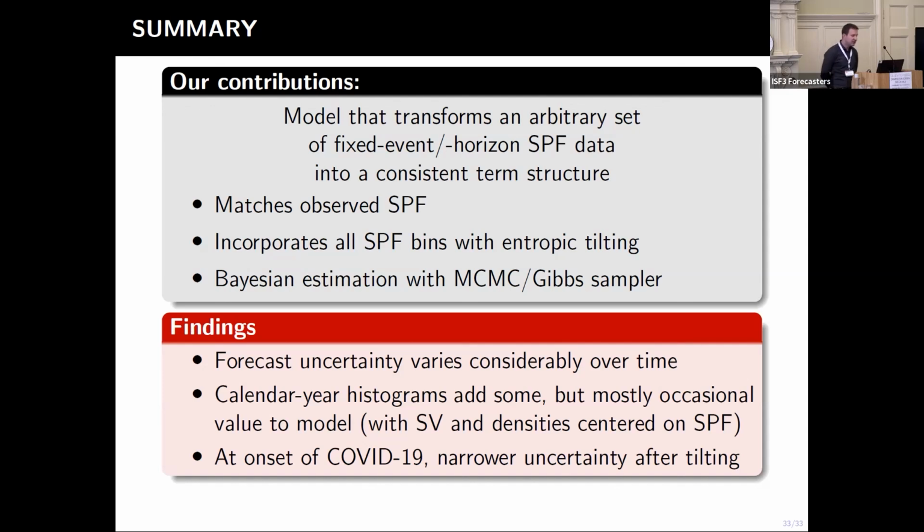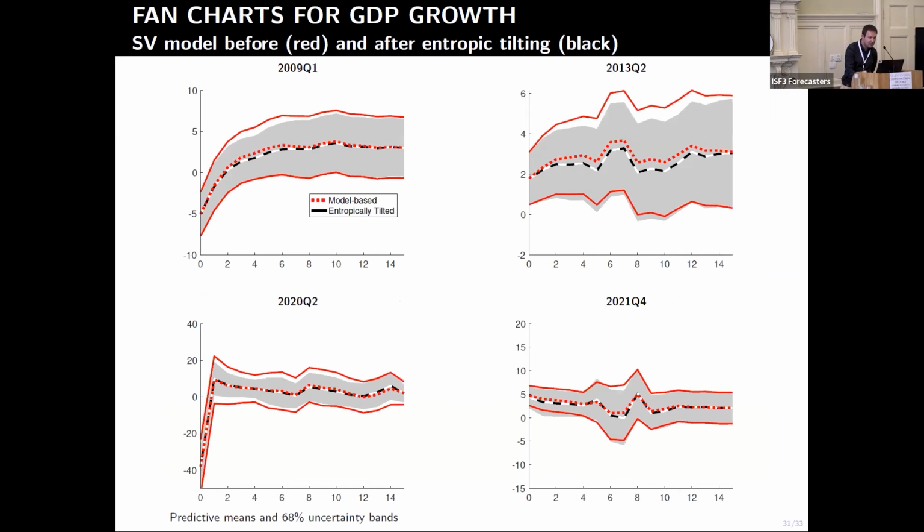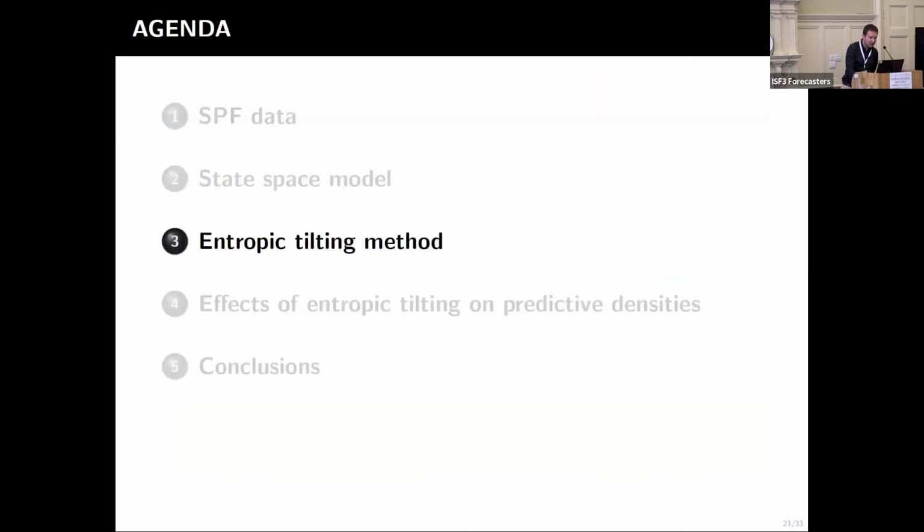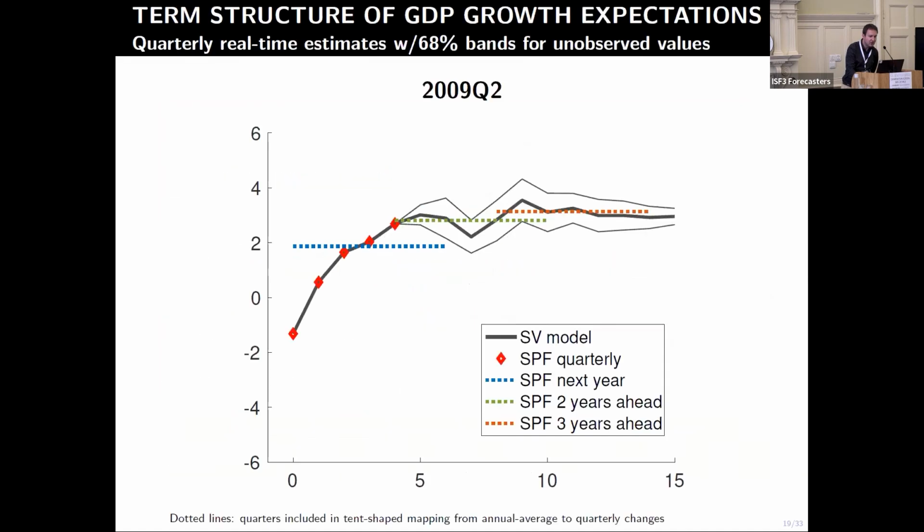I saw one graph for which the confidence bands are decreasing over time. This one? Yeah. Right. So here, what you also need to see is that there's information in this 3-year ahead SPF forecast, and that information is able to shrink the bands, because the predicted distribution needs to obey that its mean has to be the same.